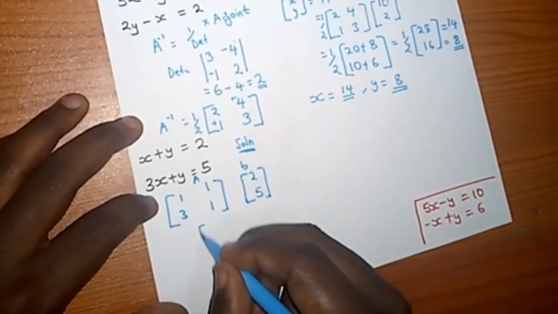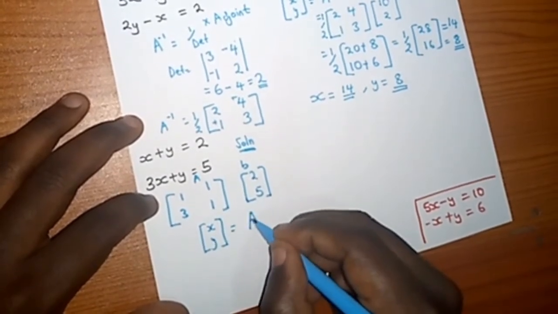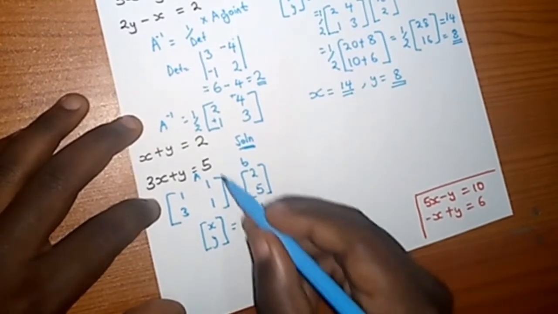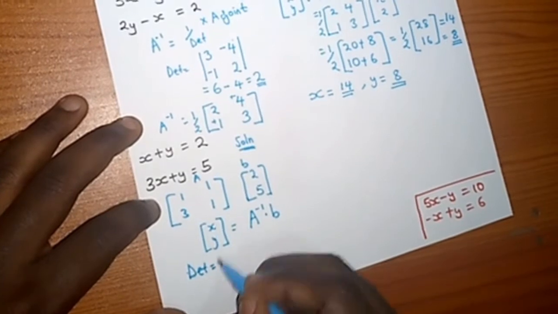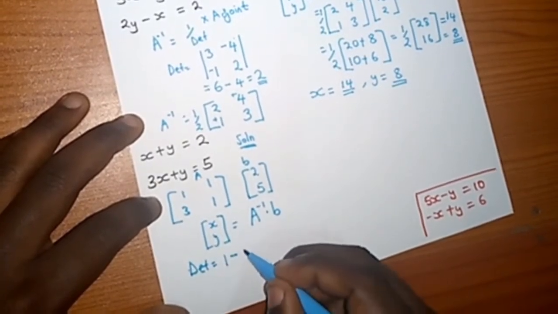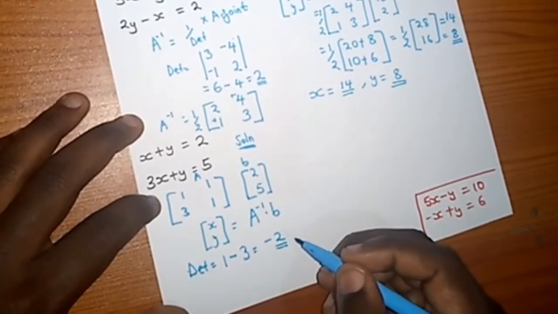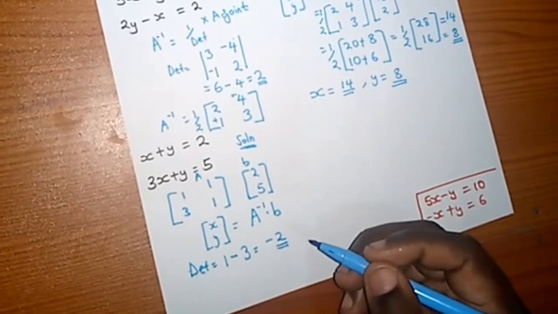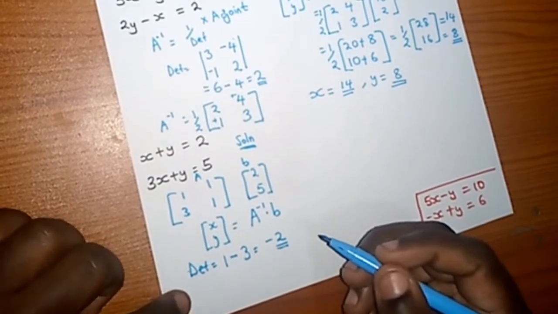But you know that to get x and y, you multiply the inverse times B. So for the inverse of this matrix, we're going to first get the determinant, which is 1 minus 3, which is negative 2.